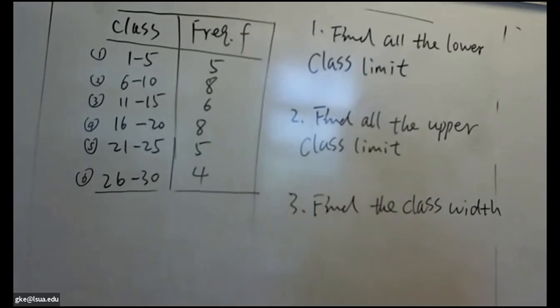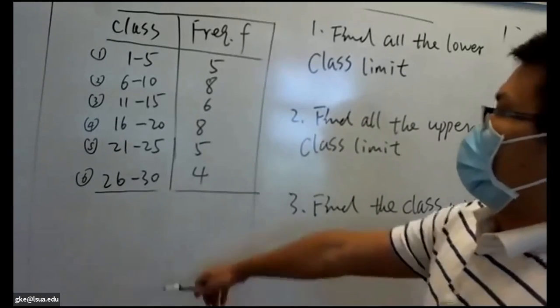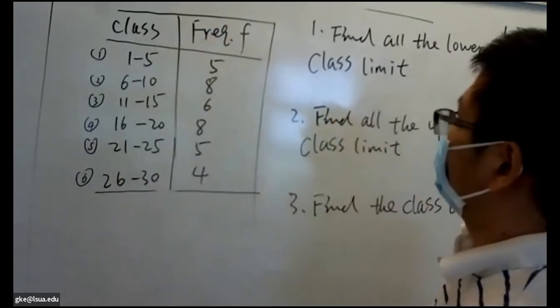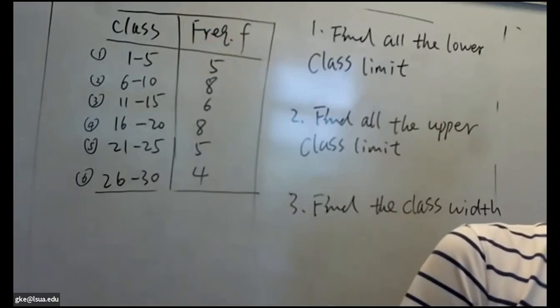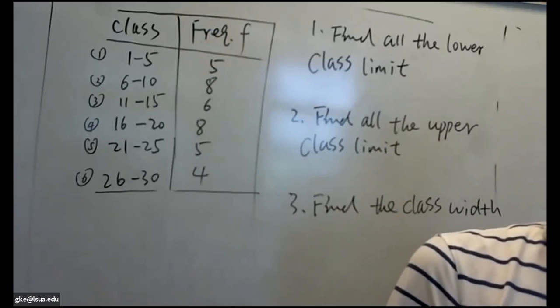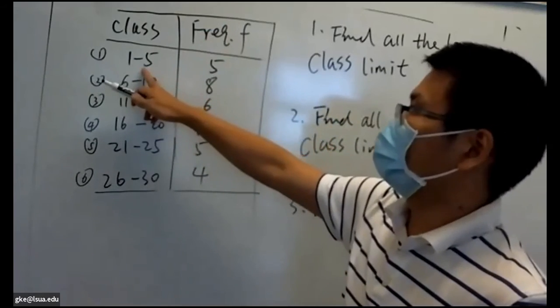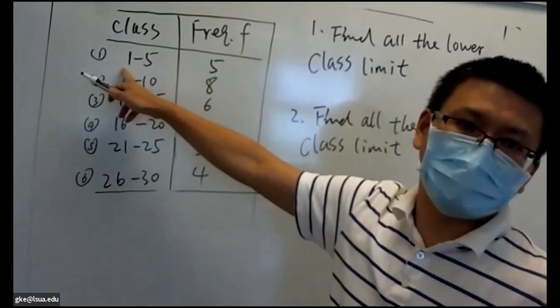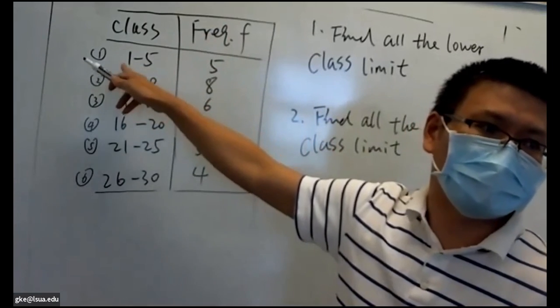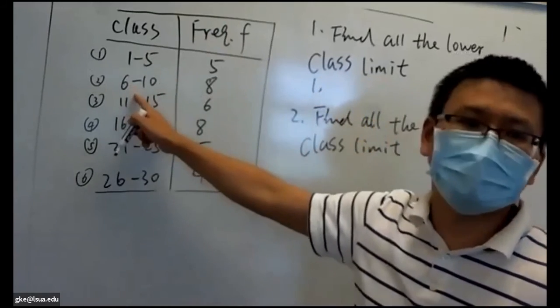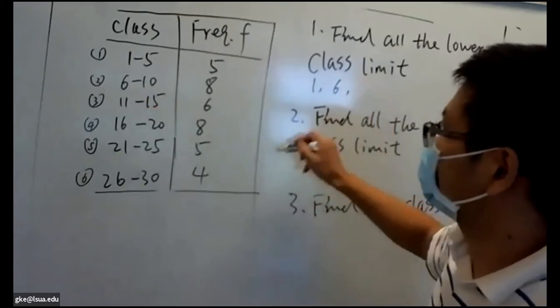Okay, I found some of you already get it. So let's take a look. For these classes, we have 6, right? For each class, we have a lower class limit, right? So we're gonna do it one by one. For class 1, the lower class limit is 1, the least number. And for class 2, it's gonna be 6.